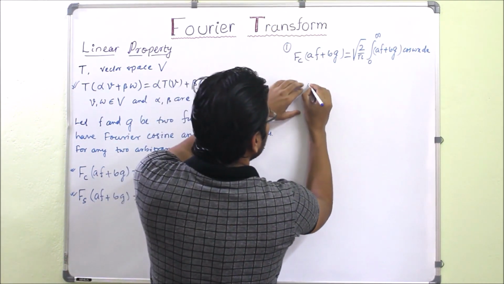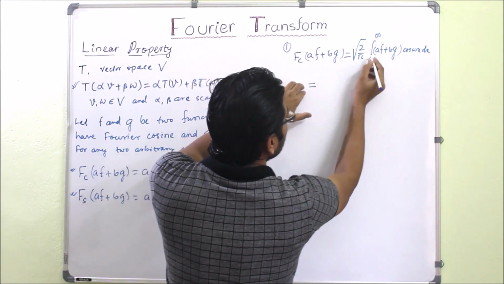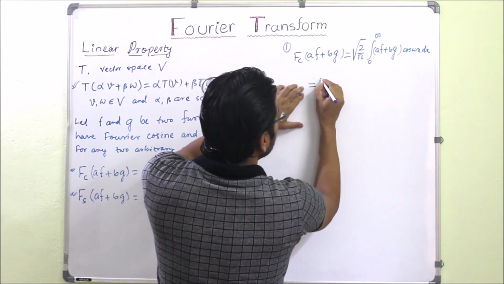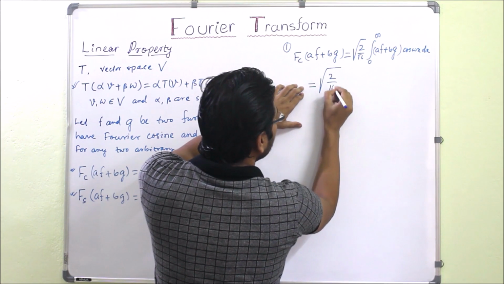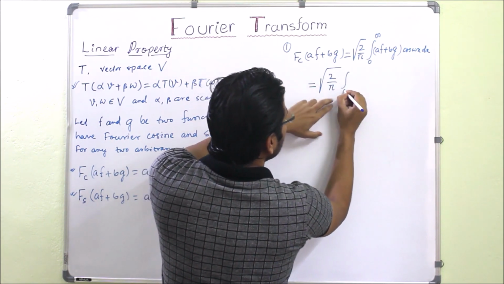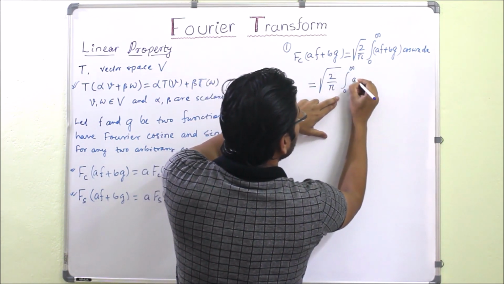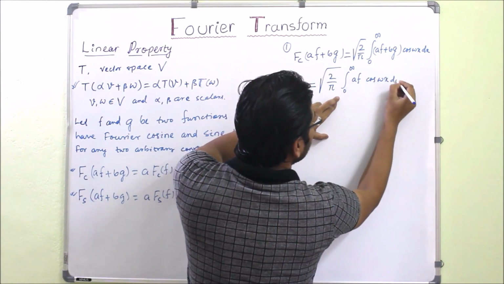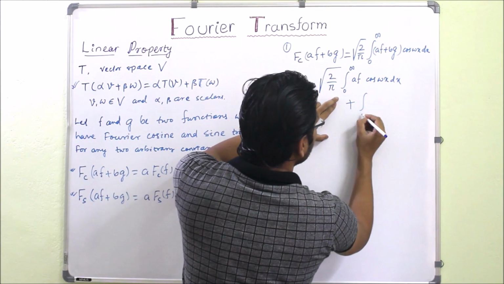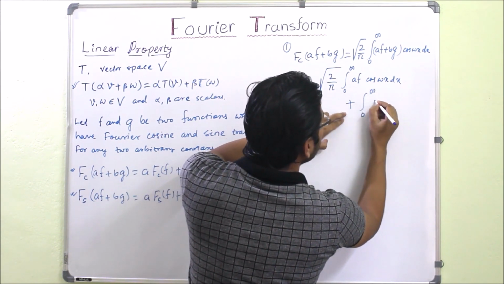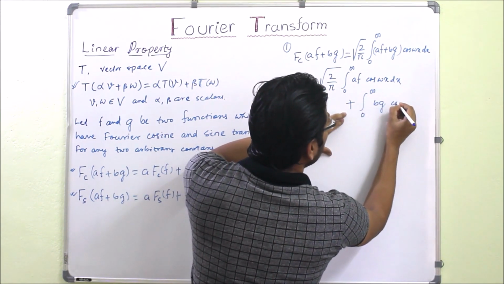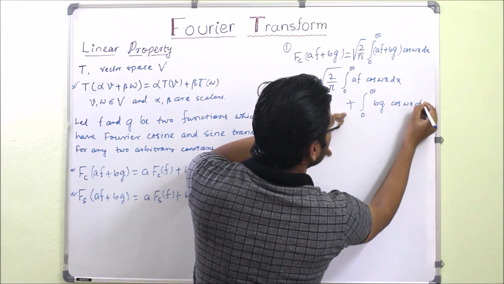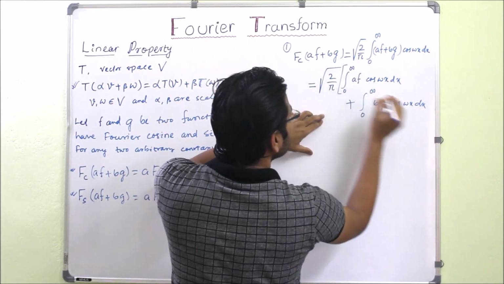Now if we simplify, what will happen? It will be square root of 2 by pi, integration from 0 to infinity AF cos WX dx plus integration 0 to infinity BG cos WX dx. So this we can write.